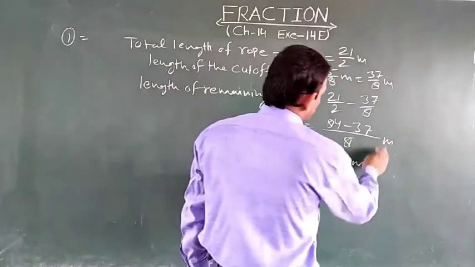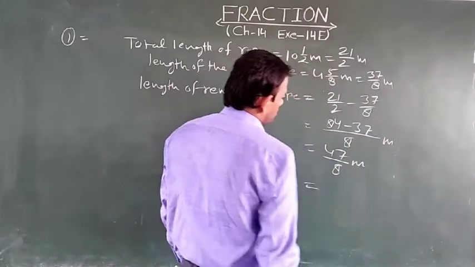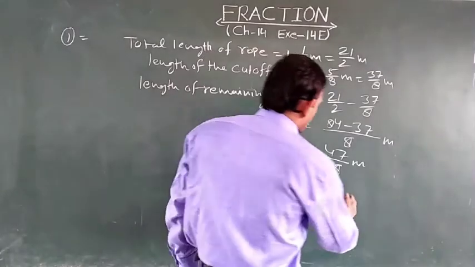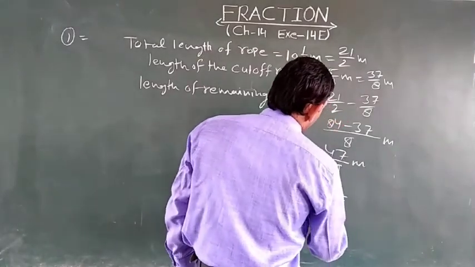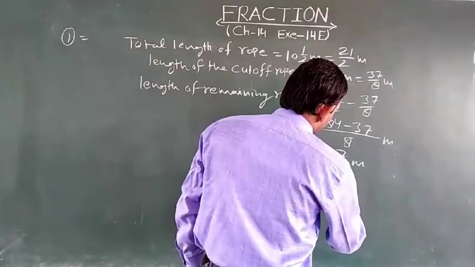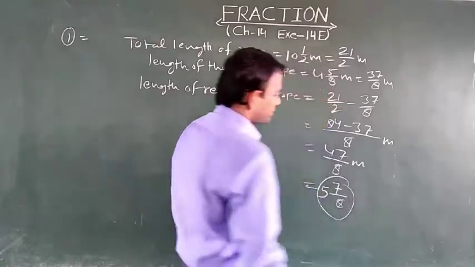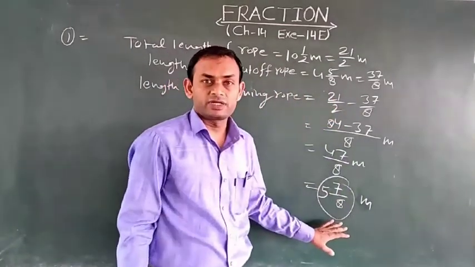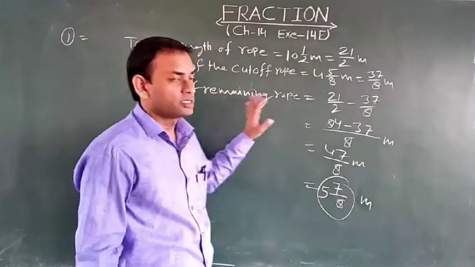Okay. These all the values are in meter. Now you will just change it into the mixed fraction. So you will get 8 5s are 40 and 7 is 47, which means 5 whole 7 by 8 is the length of the remaining rope.